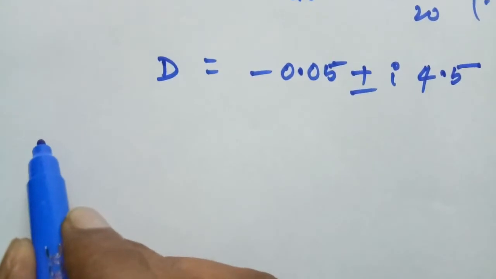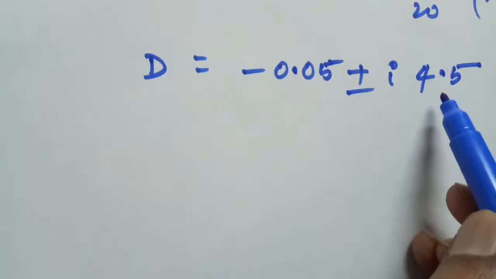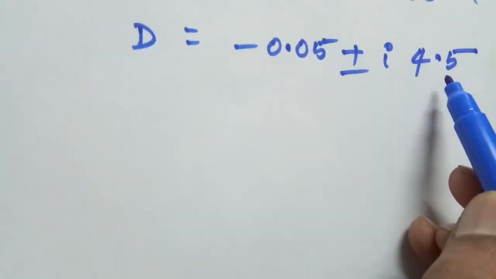Therefore the complementary function is, here alpha value is minus 0.05 and beta value is 4.5.